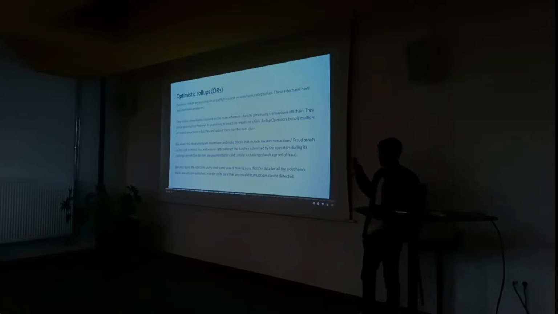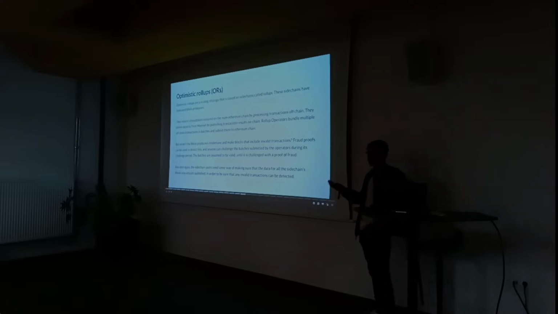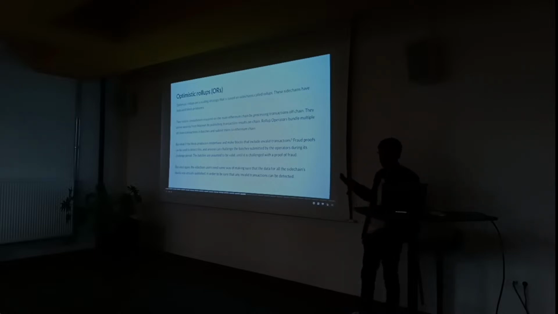After the time window, if you want to assert that the transaction has been included and is valid, you need data availability. If you want to construct the proof for that data, you would need some way to get that transaction data from either a DA layer or from Ethereum L1, to ensure that no invalid transactions go undetected.